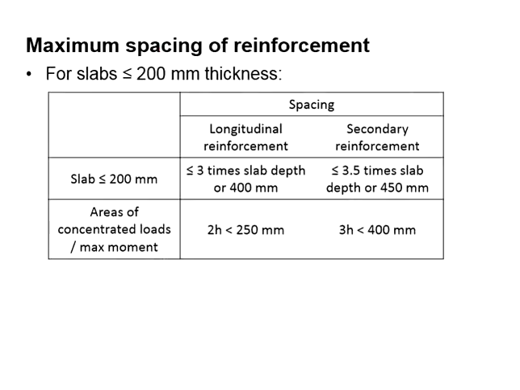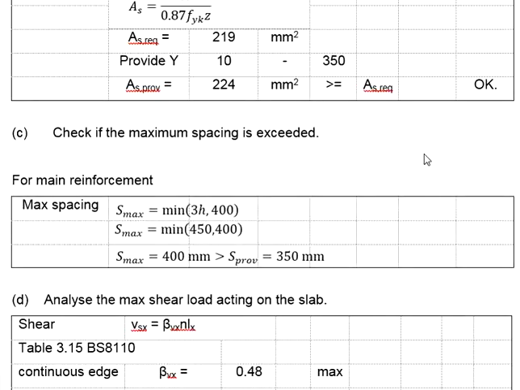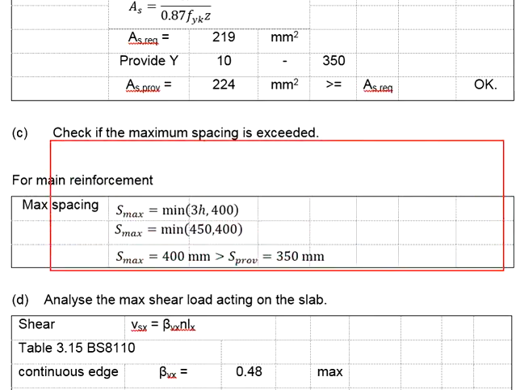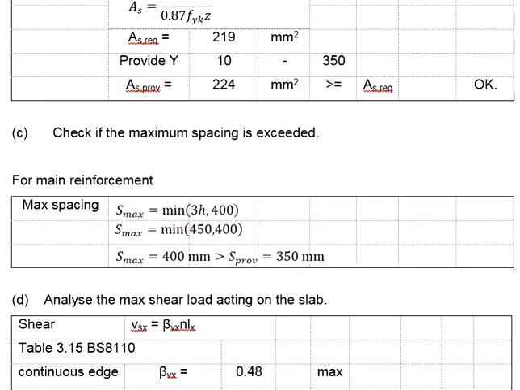By right, you will have to also check the maximum spacing in the secondary reinforcement. The maximum spacing is slightly larger, which is 3.5 times the slab depth or 450. Since the question does not ask for that, we do not demonstrate the solutions for the secondary reinforcement.